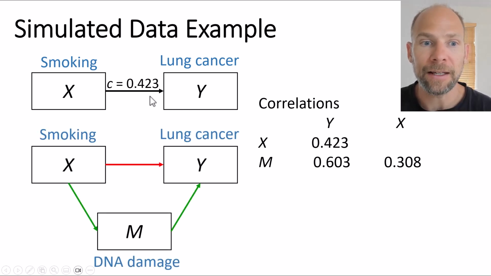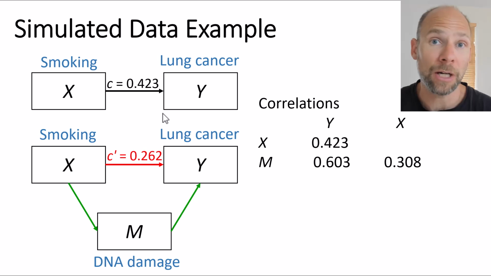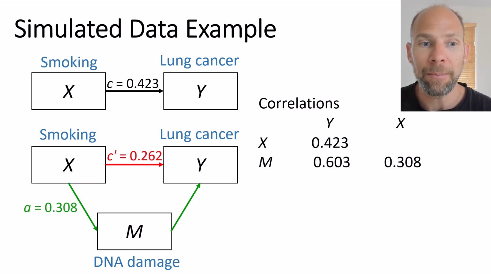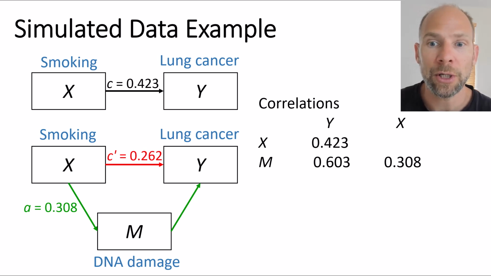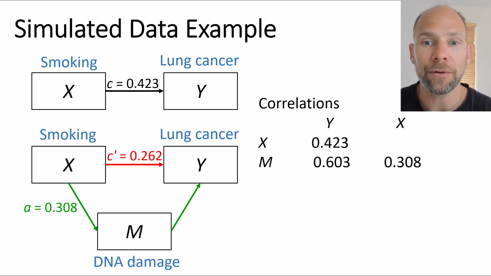And then in the second model, I have my C prime path, which is estimated to be 0.262. Now this is a partial regression coefficient for the regression of Y on X when M is also in the model. And then my A path is 0.308 in a standardized version, which again you can see is equal to the correlation between X and M, because in this model for M we have only one predictor.